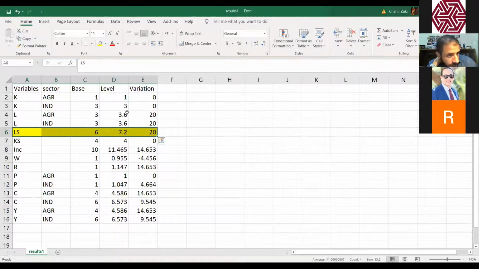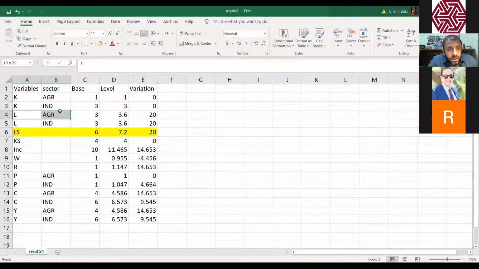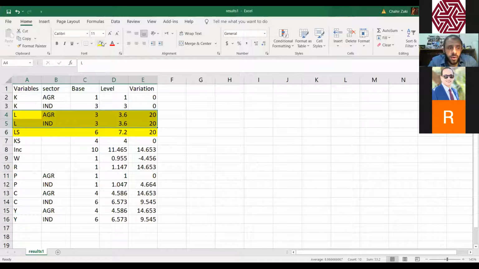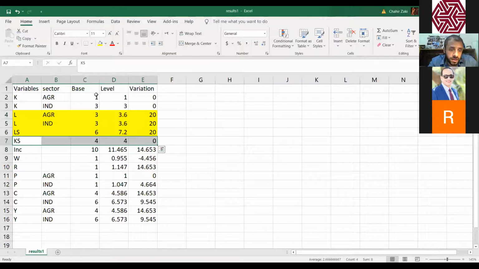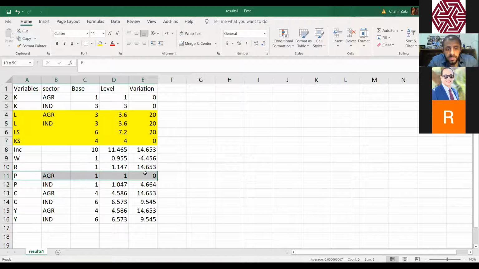If labor supply increases by 20%, this means that labor demand will have to increase by 20% everywhere. At the same time, capital supply didn't increase by assumption, and the price of agriculture didn't increase by assumption, because that was my macroeconomic closure.